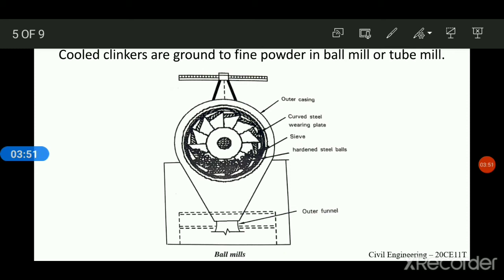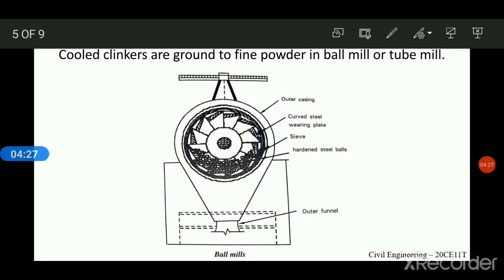Gypsum is also added at 2 to 3% during the final grinding, so the cement does not settle quickly when it comes in contact with water. That's the reason. So these mills are used to carry out grinding for raw materials or mixture of raw materials or clinkers.